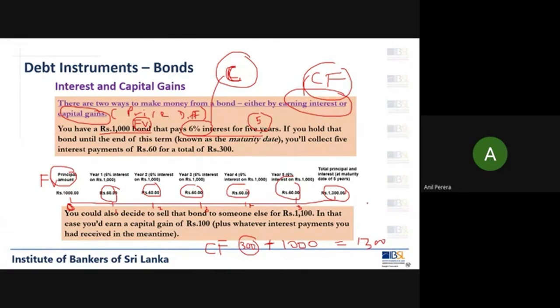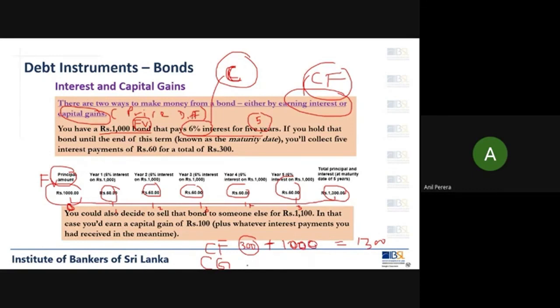Okay. Now this 1000, the face value at the end of the 5-year period, could be different. Now you issued at 1000, but at the end of 5 years, this 1000 could be different. For example, your capital gain could be different, changing depending on the change in these prices.